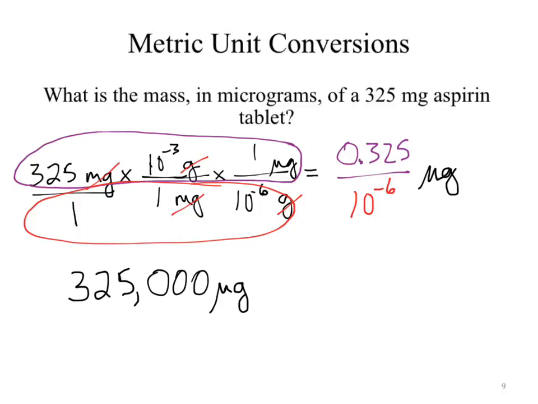So what we might also see as an answer would be it converted into scientific notation. 3.25 times 10 to the 5th micrograms. That's a micro symbol. You just have to take my word for it.